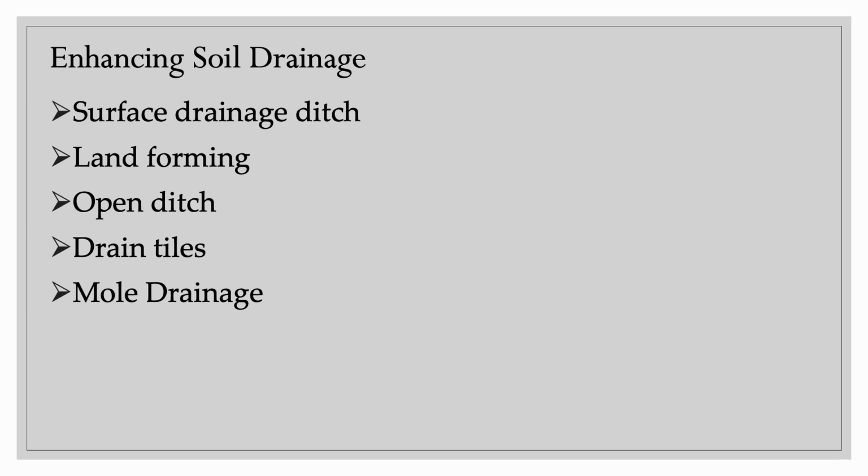So while we want to have soil water because we need it for our plant growth, we also don't want an excess of soil water because then our plants will be waterlogged. So we need to move water off of our land. And some of the ways that we'll do that is with a surface drainage ditch. If you have a large area that needs to be drained, you could do land forming.